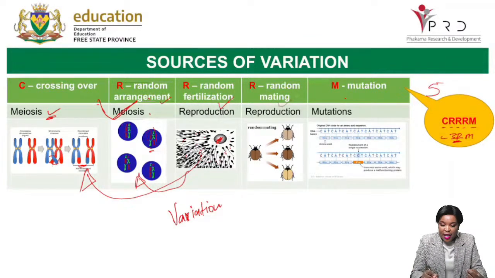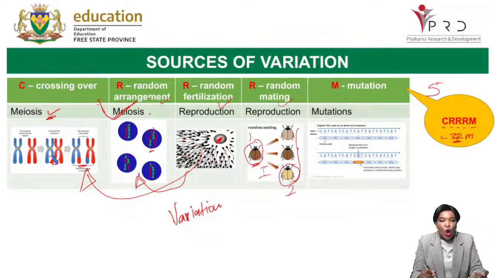And then the third R stands for random mating. What is random mating? Look at this beetle over here. It can mate with this lighter beetle, with the same beetle of its kind, and with another shade of beetle. So this random mating will also mean that the offspring will maybe have an intermediate color between beetle number 1 and beetle number 2.